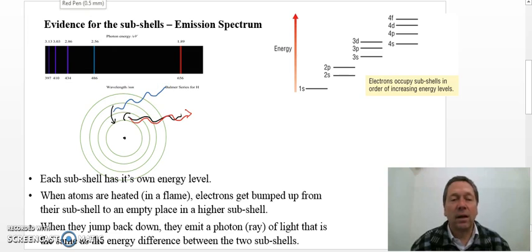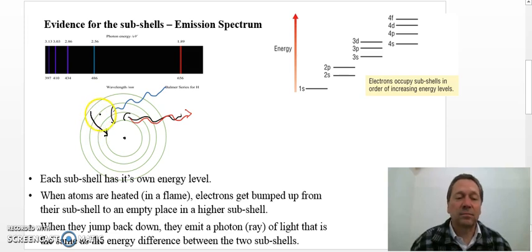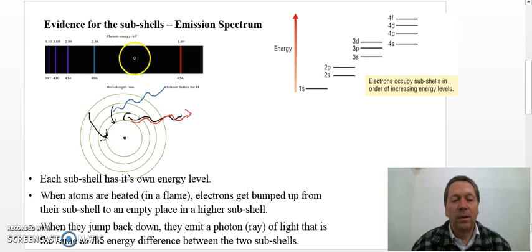Now what happens if it jumps from way out here down to here? That's a different color again. Maybe that's the purple one. So a small jump corresponds to the red end of the scale, a medium-sized jump represents blue light, and a large jump represents purple, further along the spectrum.